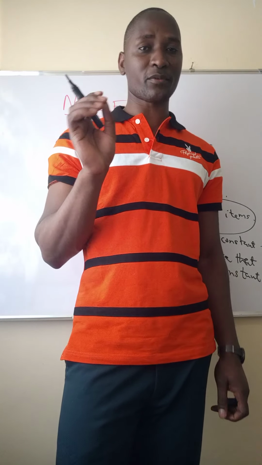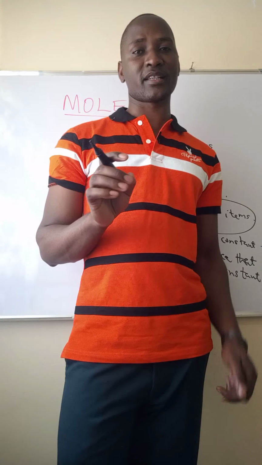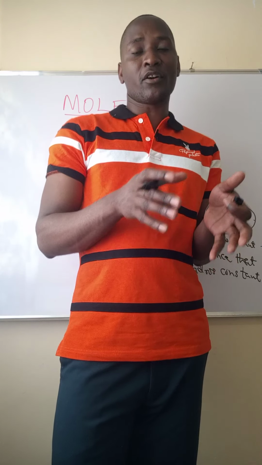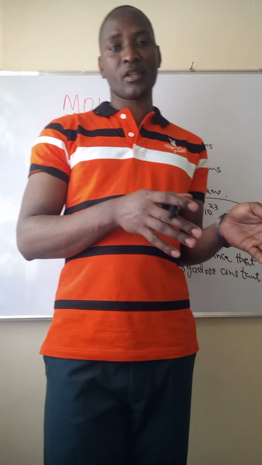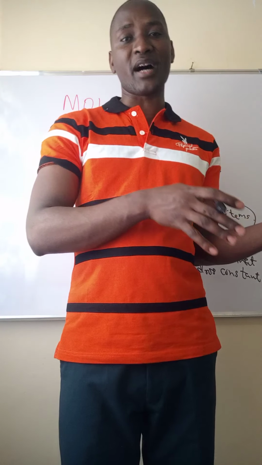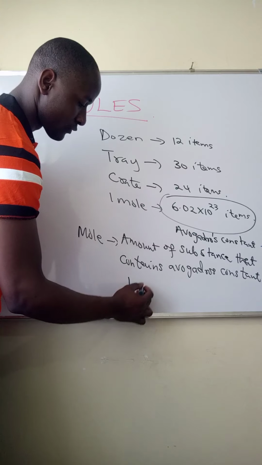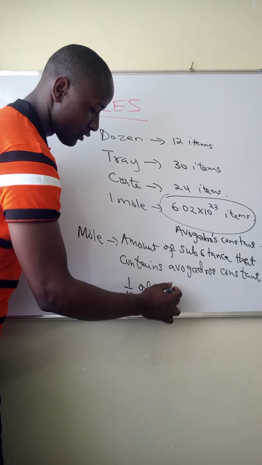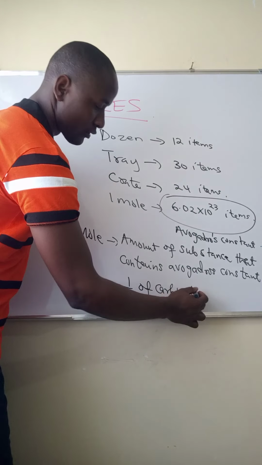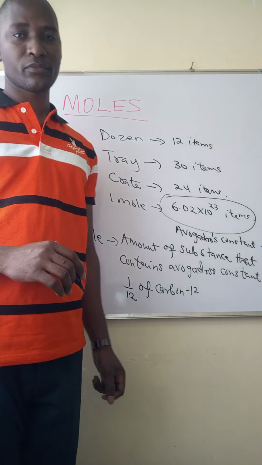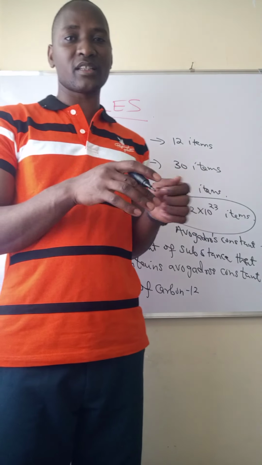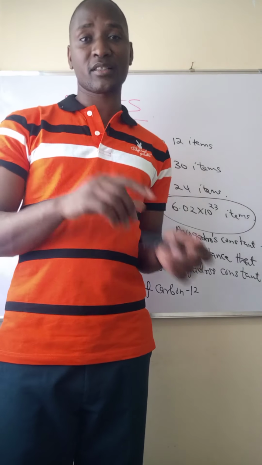When I say relative atomic mass, I mean that this is the mass of an atom compared to the mass of 1 over 12 of carbon 12. So the relative atomic mass is simply the molar mass of an atom.